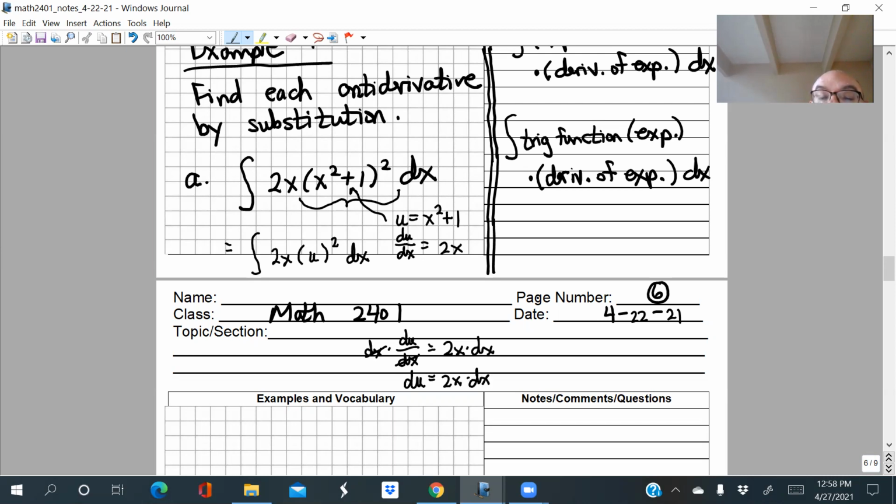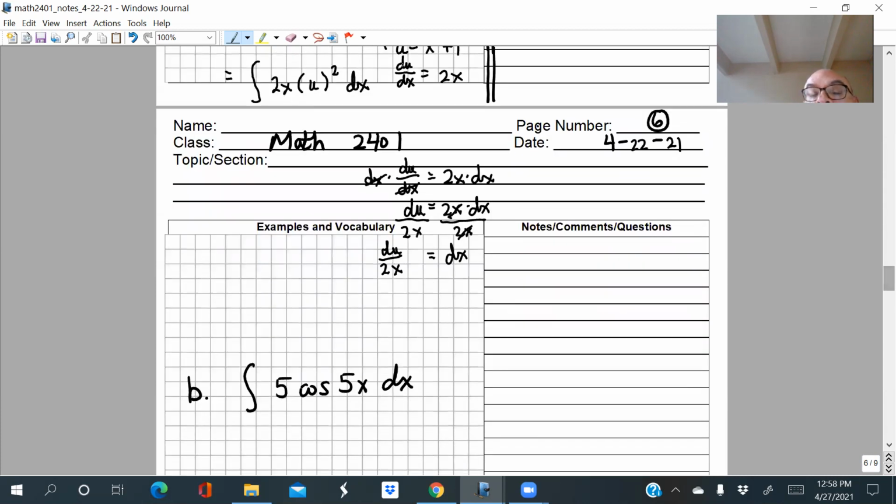And now just divide both sides by 2x. The 2x's cancel, so you get what you wanted: dx is equal to du over 2x. So I solved this equation for dx.